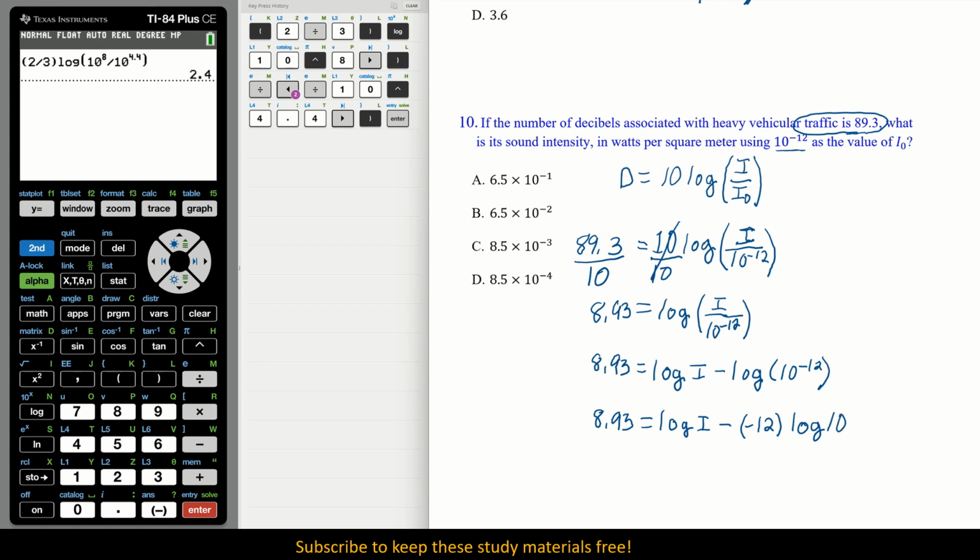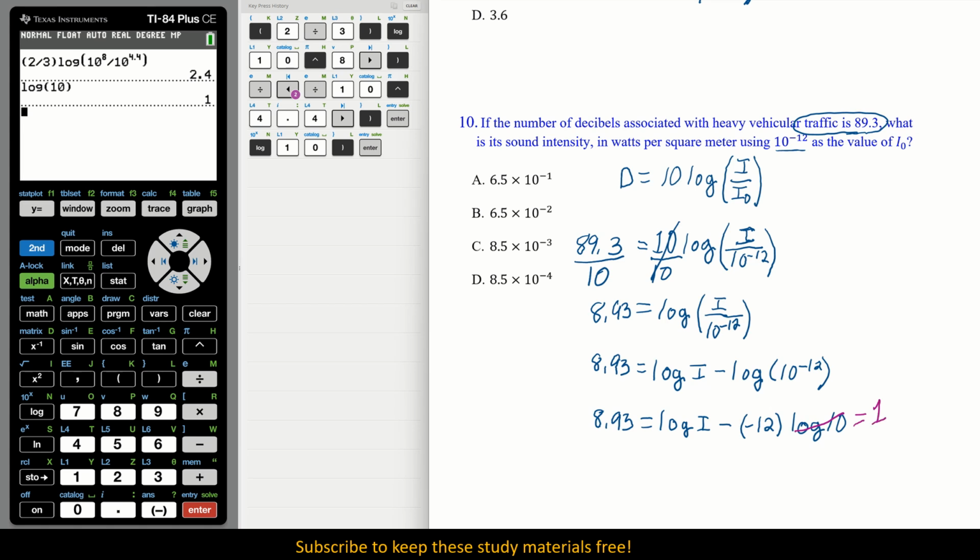Now, in prior videos, what was log of 10? You should remember. If you don't, then you say log of 10, and that equals 1. So now we know we can mark this out because it equals 1.